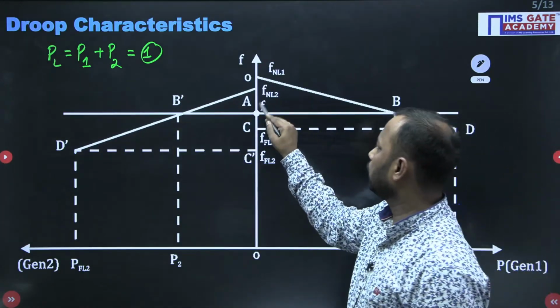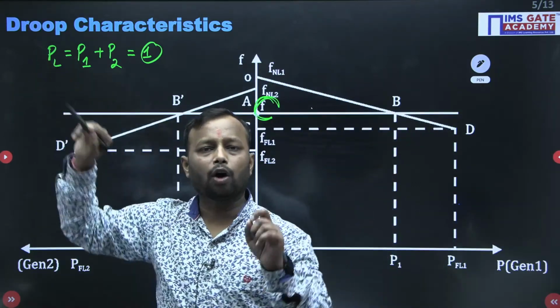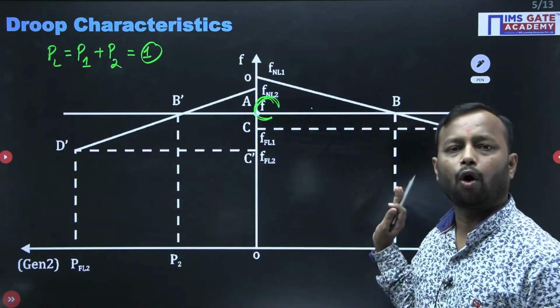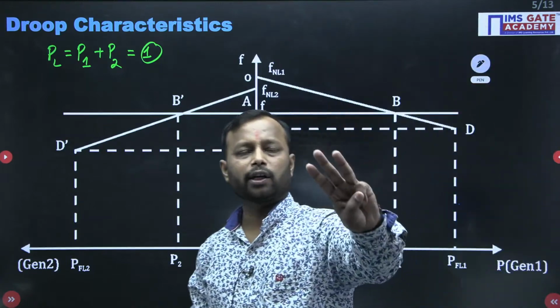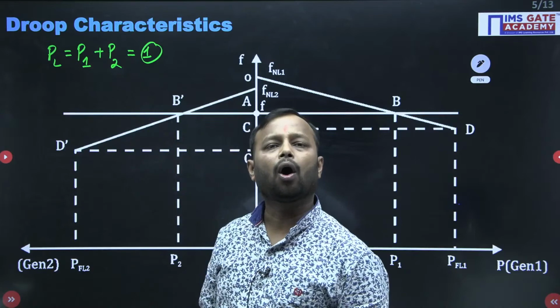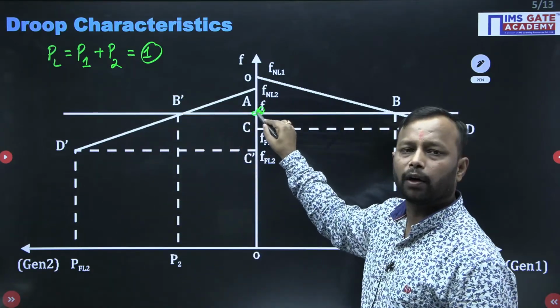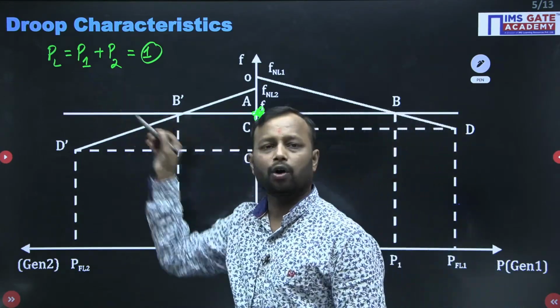Which frequency here? This frequency. Meaning for this particular load, what should be the frequency at which these two generators are going to operate? That we need to determine. तो समझ में आ गया? तो 3 क्वेश्चन यहाँ पे बन सकते हैं. Either they will tell you to find P1 or P2 or this unknown, common frequency at which these two generators will operate to supply this load.